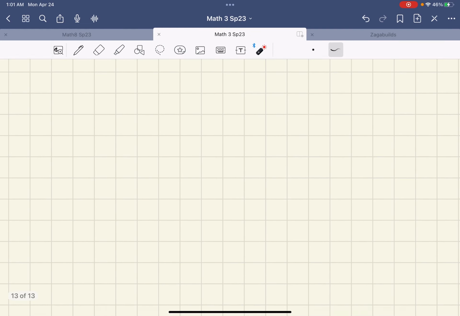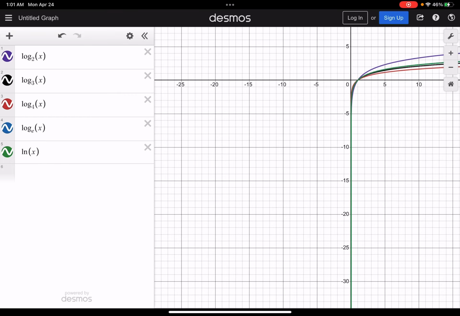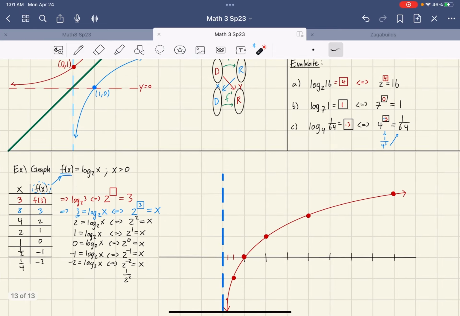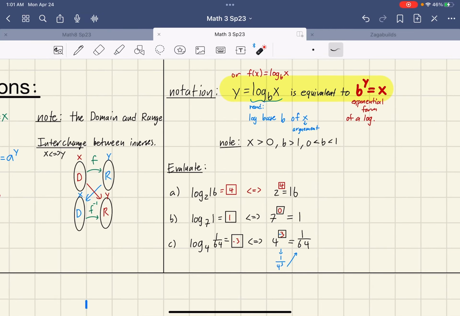Let me show you a couple different versions. Now, if you notice, we have log base 2, log base 3, log base 4, and then this weird one that says log base e. Now, like I said, the logarithm has either a base bigger than 1 or in between 0 and 1.